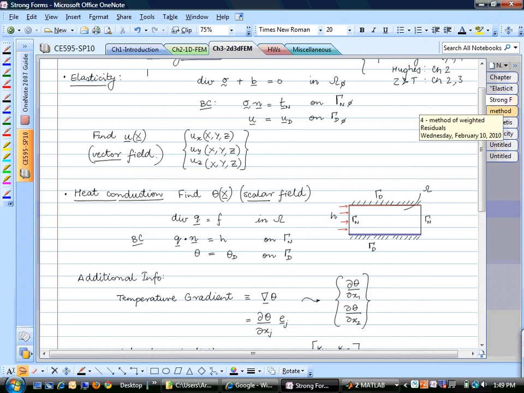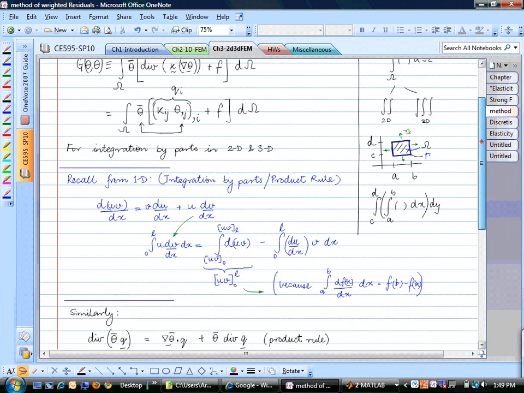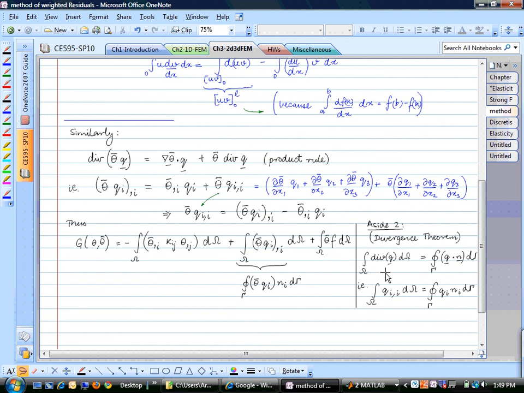So this is basically just doing math, integration by parts on our problem. And finally, if you do that, you can express this entire thing as an integral over the boundary. Now, in the one-dimensional case, it actually boiled down to the value of the function at the two boundaries.